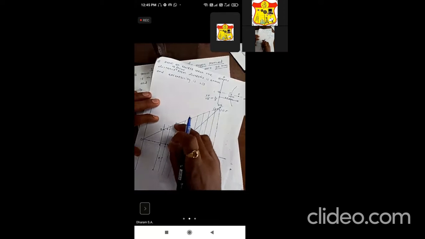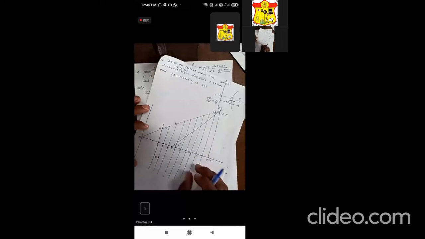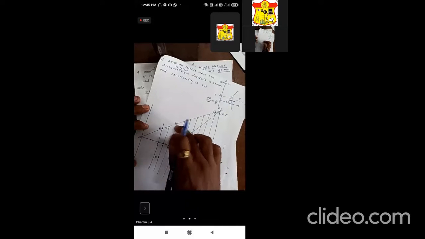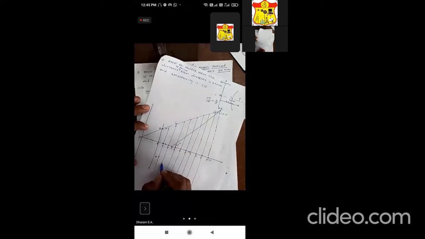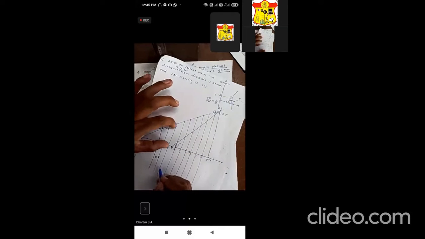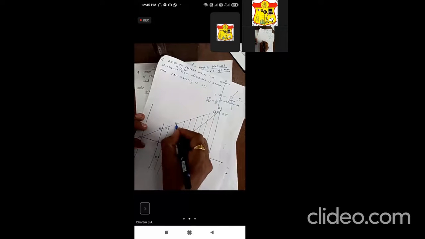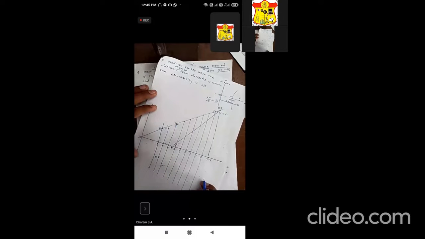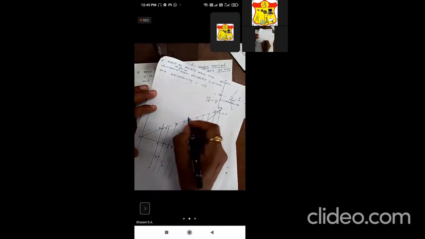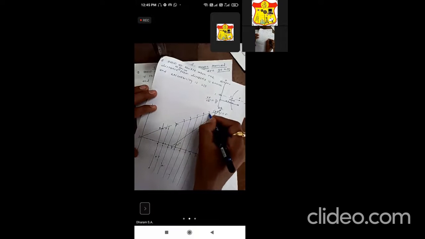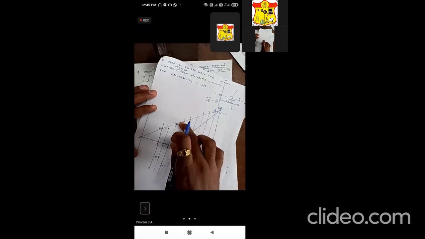Similarly, take the distance 2 to 2 into the compass with the same F as center and cut the 2 line. This is P2. Similarly, take the distance 3 to 3; this is 3, this is 4, 5, 6, 7, 8, and 9. With F as center, cut the 3 line.